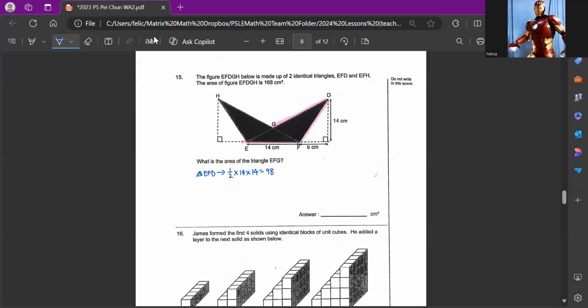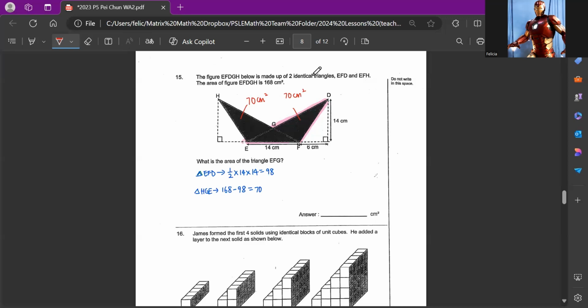Okay, so now to find triangle HGE, I can use my 168 minus 98, which makes it 70. So just take note, your 70 will be this part. And that also means this part is also 70.